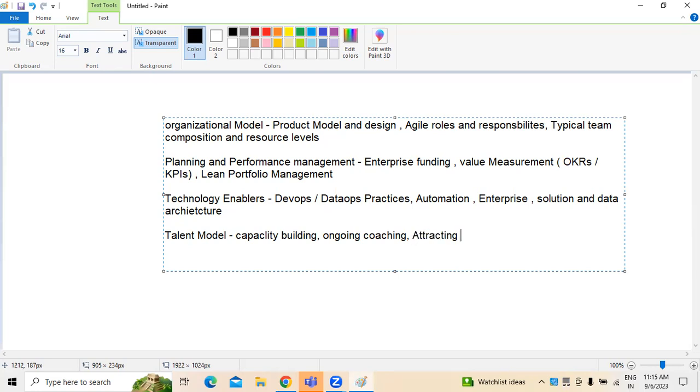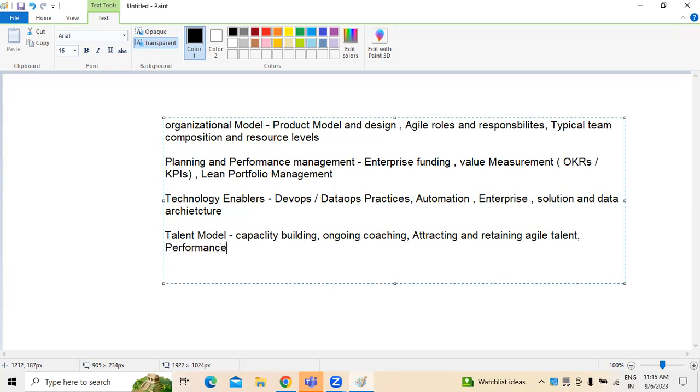Along with this, we must understand how to attract and retain talent, especially in an agile environment. This is also one of the key and prominent parts we have to focus more on. Last but not least, this relates to performance management, especially in the field of agile. So these are the few things which come under the talent model.